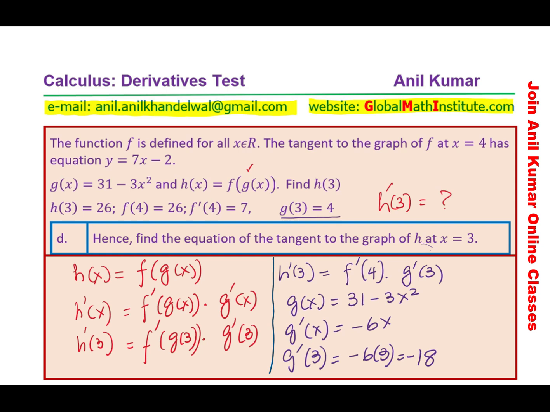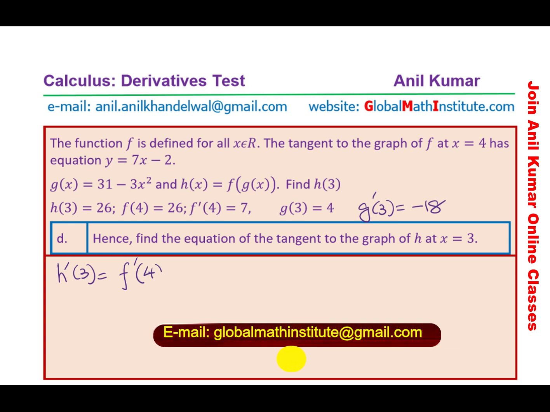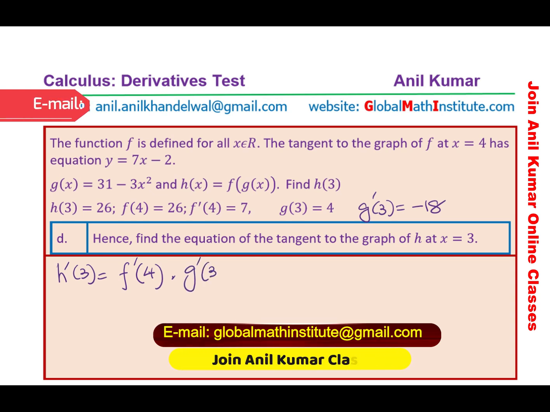So let's get to the next page. So here we just found that g prime of 3 is minus 18, right? So now we can again write down that the derivative at 3 is basically the derivative at g of 3, which was 4, right, times g prime at 3, correct?